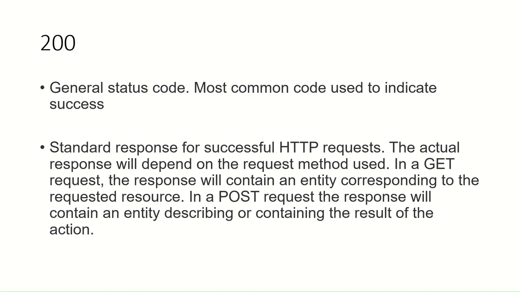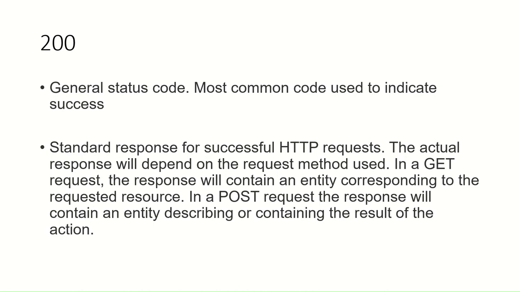In a GET request, the response will contain an entity corresponding to the requested resource. In a POST request, the response will contain an entity describing or containing the result of the action. So this 200 HTTP status code can be used in GET or in POST, and it is mainly used for indicating the success of that particular response. Okay, so this is about the 200.